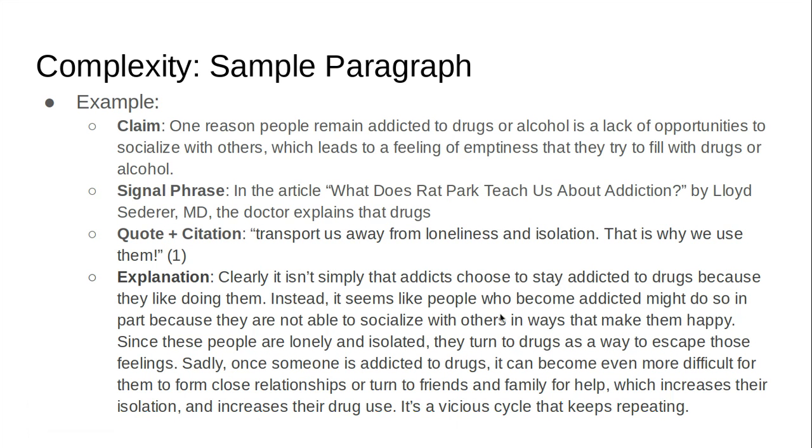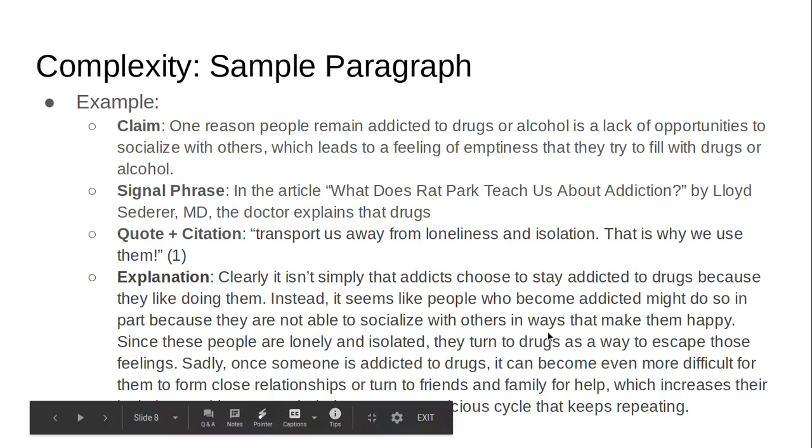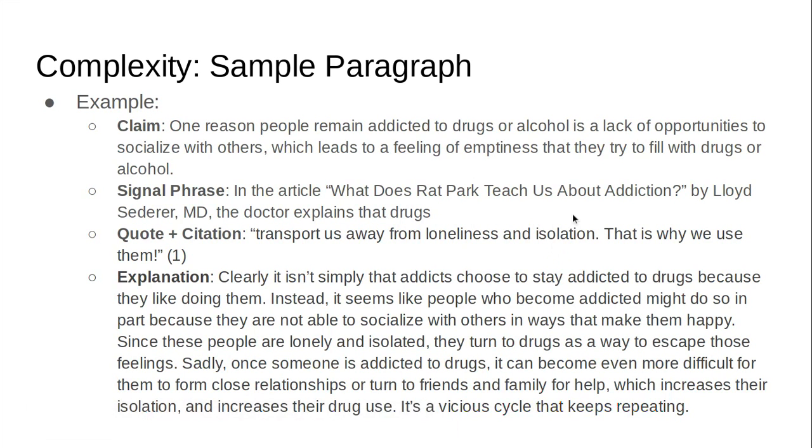Instead, it seems like people who become addicted might do so in part because they're not able to socialize with others in ways that make them happy. Since these people are lonely and isolated, they turn to drugs as a way to escape those feelings. Sadly, once someone is addicted to drugs, it can become even more difficult for them to form close relationships or turn to friends and family for help, which increases their isolation and increases their drug use. It's a vicious cycle that keeps repeating.